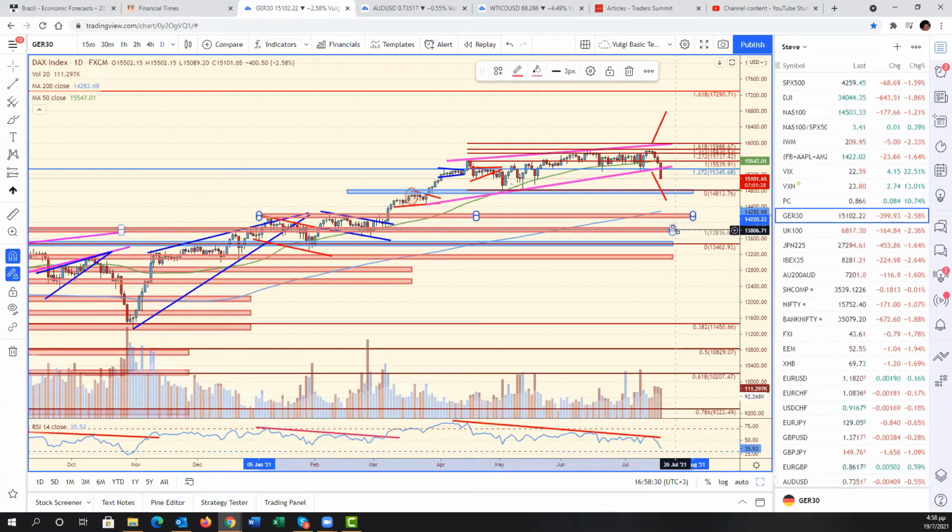I'm just giving a very simplistic example. In any case, if we assume that such a scenario can manifest from here, the only fundamental scenario that I can see supporting a big sell-off in the markets is the following scenario.